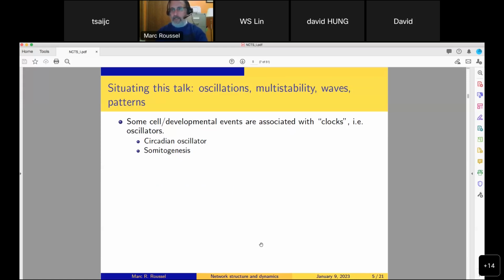The circadian oscillator, of course, is a very famous example, but there are also more subtle examples like somitogenesis. The somites are early developmental segments that will develop into things like your vertebrae. They are generated by a combination of a clock and advective motion of the tissue as it grows.